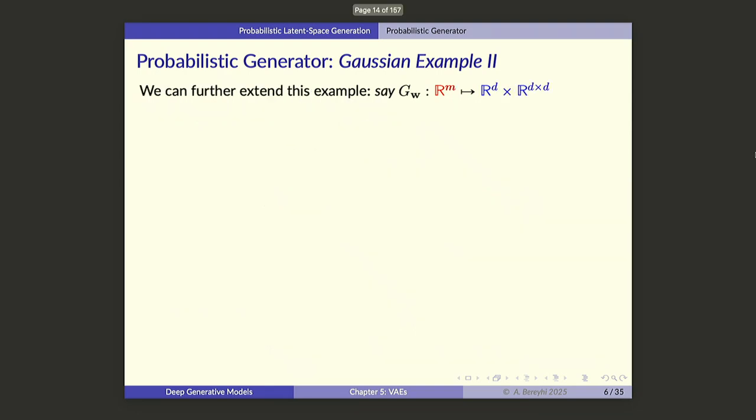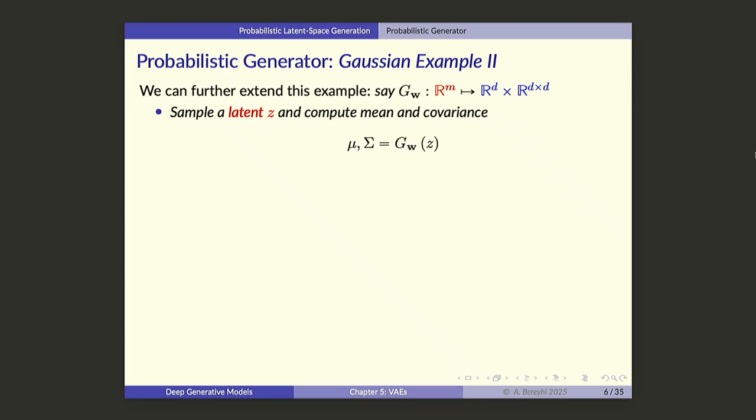Okay, great. So we can extend this. We can think of a more general case, again Gaussian, but this time instead of simply computing the mean value by the neural network, we can compute mean and covariance. That is also possible. So I have a neural network which takes one m-dimensional latent and gives me one mean and one covariance matrix.